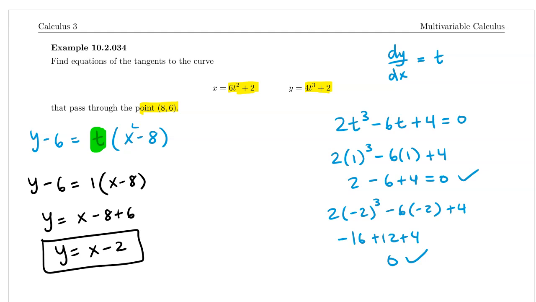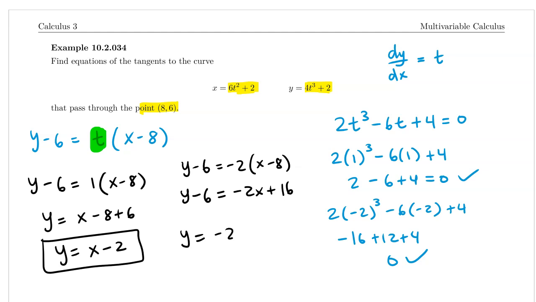Let's go ahead and plug in -2 for t. If we did that, we'd get y minus 6 is equal to -2 times x minus 8. If I distribute the -2, we get that, and then I can add 6 to both sides, and we get y equals -2x plus 22. And there's the equation of our other tangent line. That concludes this example.